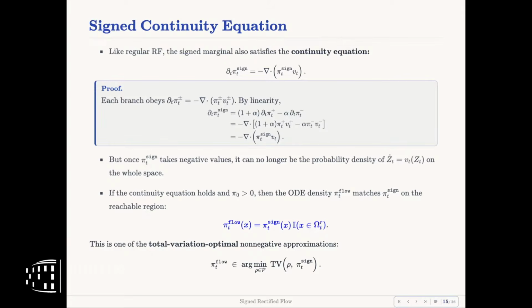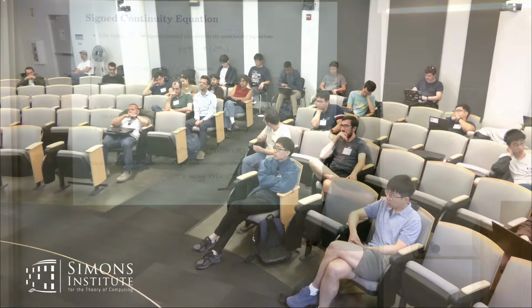Yeah. This continuity equation also has a kind of Wasserstein gradient flow interpretation. Does this continuity equation have a gradient flow interpretation in the space of signed measures?